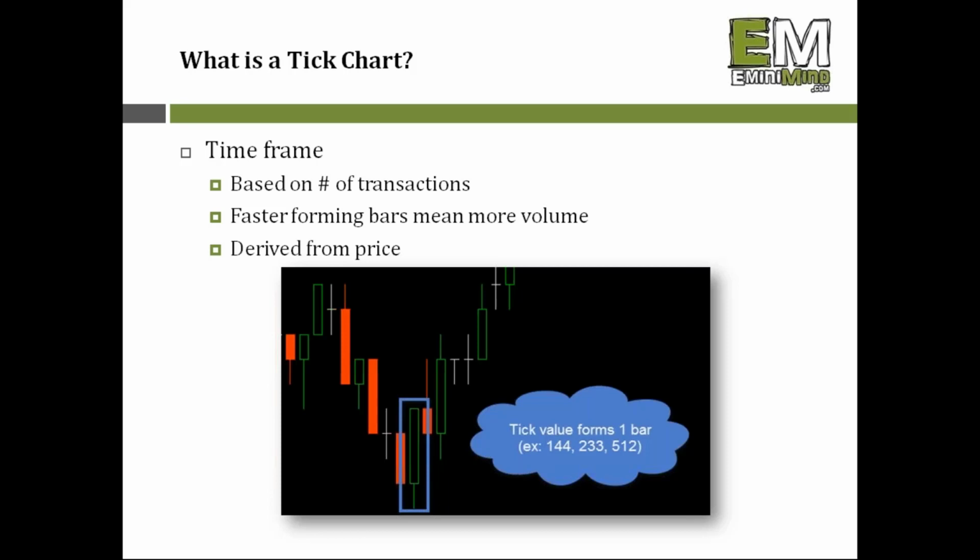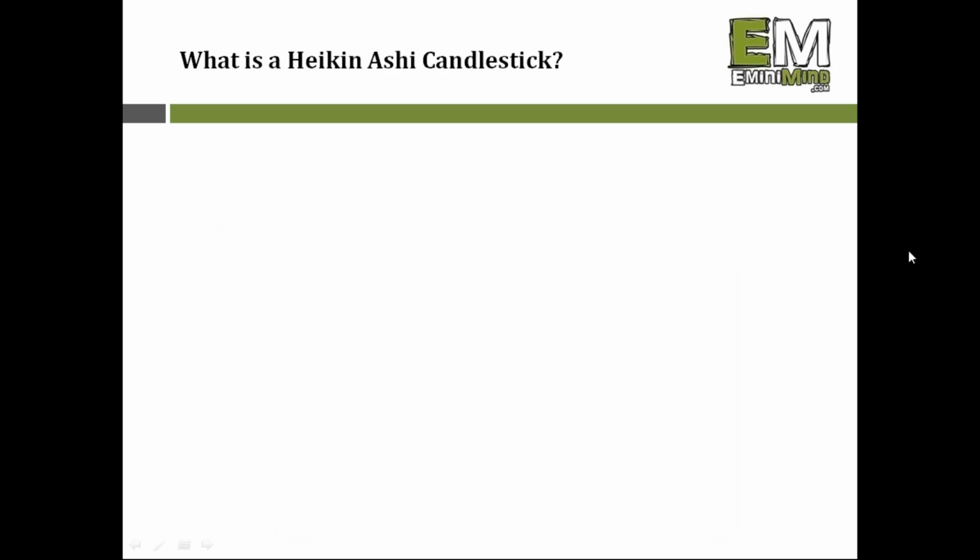So what I pair my tick chart with is what's called a Heikin Ashi candlestick. And this is probably something else you may have not heard of or not be super familiar with. It's a variation of the traditional candlestick.